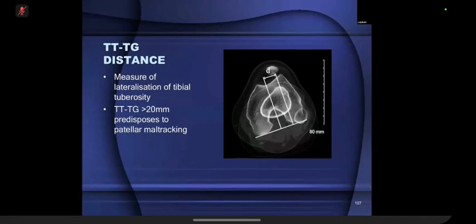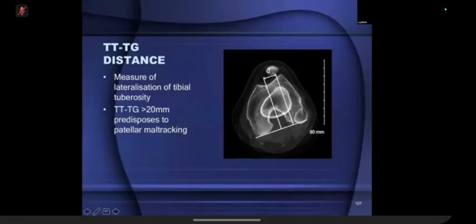Surgeons want to know what the trochlear tibial tuberosity distance is, and this is an important finding in terms of trying to surgically correct this. What you need to see is the deepest point of the trochlea, so point here, and then the center of the tibial tuberosity.